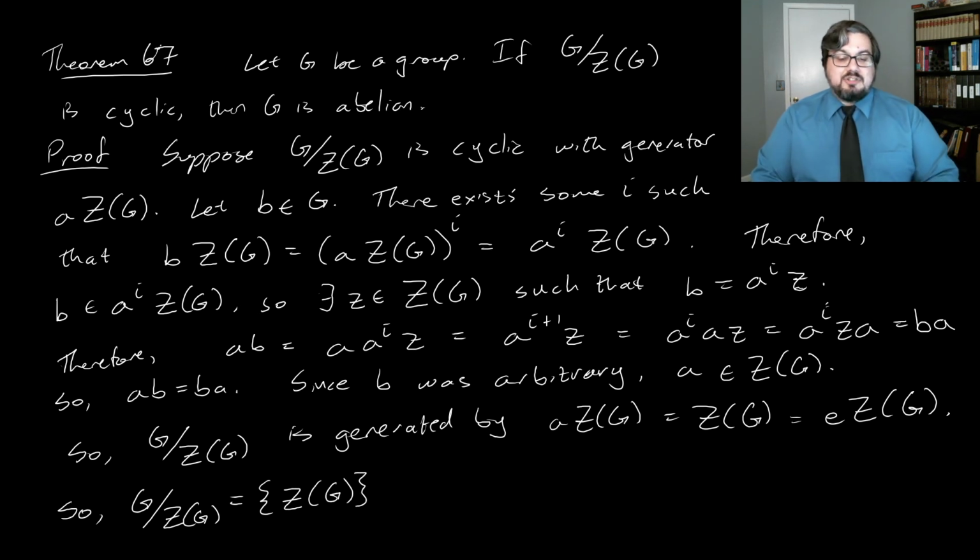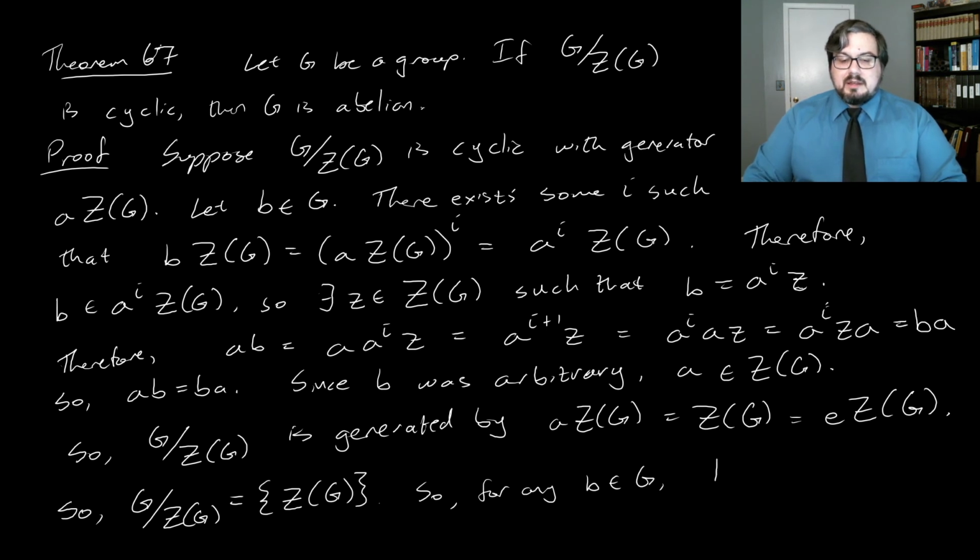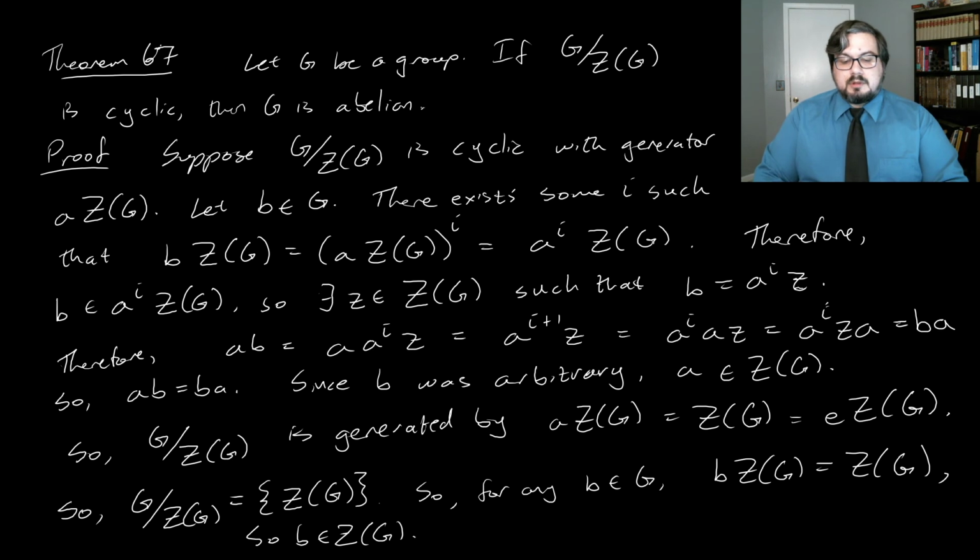So that means that G mod Z(G) has just a single set in it, just a single set Z(G). And therefore, for any b in G, b times Z(G) equals Z(G). So b is in Z(G). Thus, this tells us that G is equal to Z(G), which means that G is abelian.